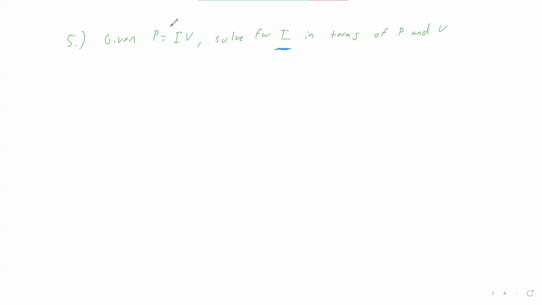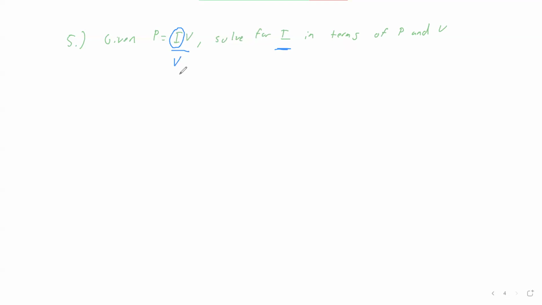Whatever that letter is, I tell students to circle it. That's what we're trying to get by itself. So we have to ask ourselves, this is no numbers, so I'm going to end up with an equation again. What is the V doing to the I? What operation? It's multiplying. So what is the opposite of multiplying? Division. So typically we would divide by a number, but we don't have numbers, but the math doesn't change. It just looks different.